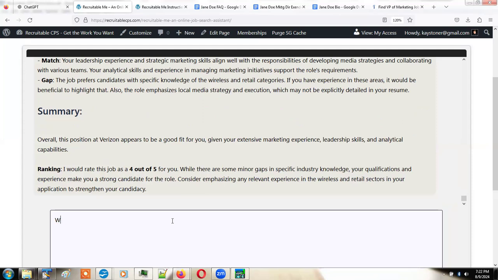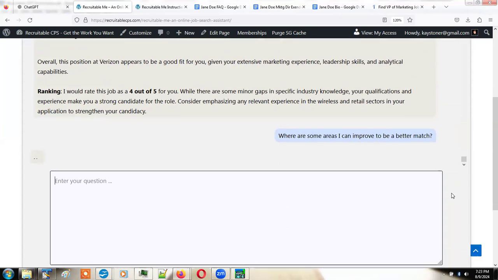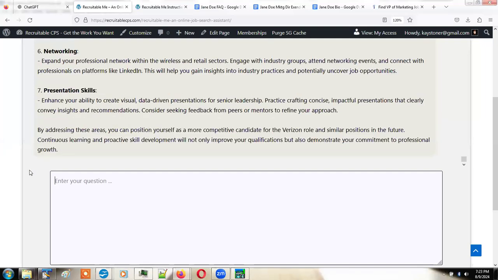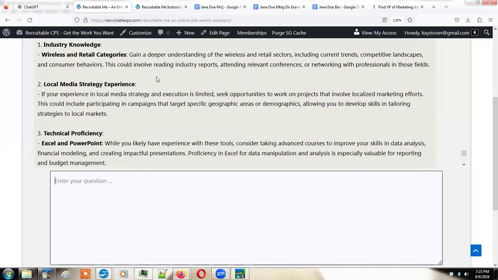Where are some areas I can improve? And it's thinking, it's got the 3 little dots. And so industry knowledge, and then the local media strategy.